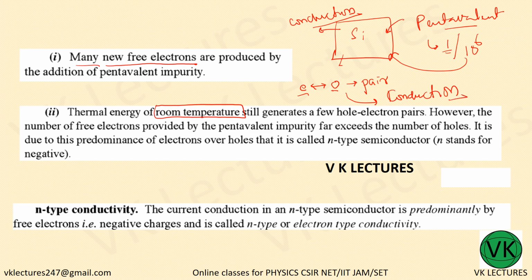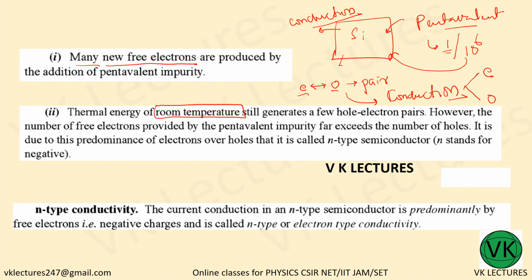Because at room temperature they will gain thermal energy, and if they cross over to the conduction band, they can also take part in conduction of electricity. So conduction occurs due to electrons as well as holes.